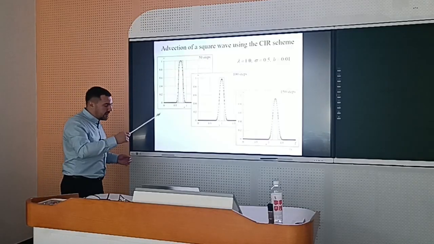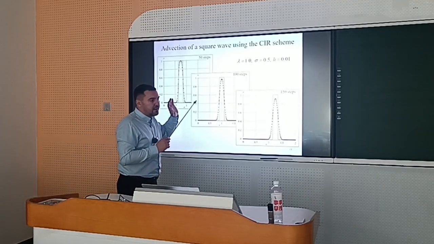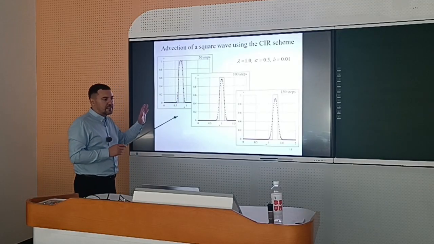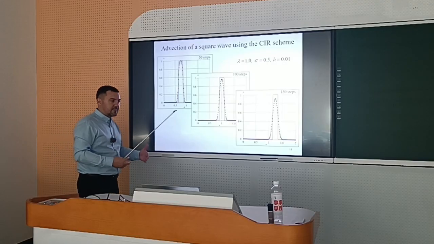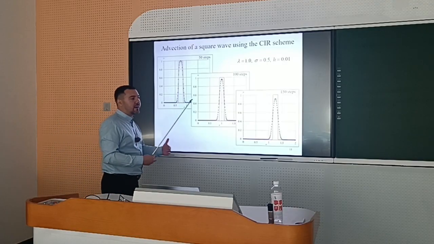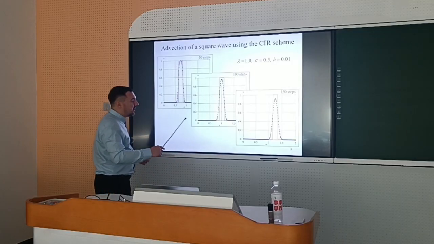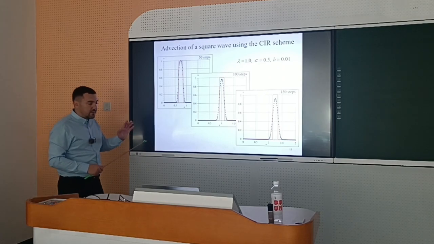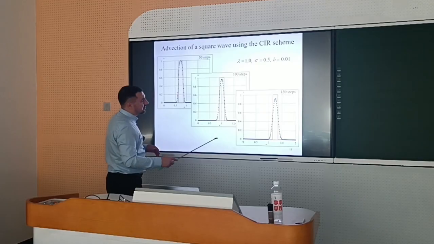If the psi function is very smooth, almost all numerical schemes will work excellently, and the higher the order of your numerical scheme, the more accurate it is, the better the result will be, if your initial data is very smooth. But you will have problems if your initial solution is not smooth.